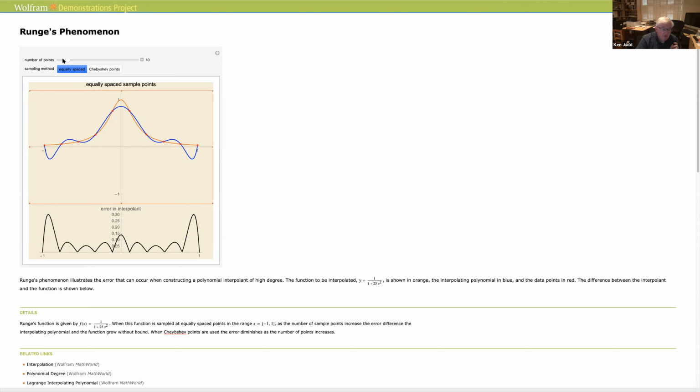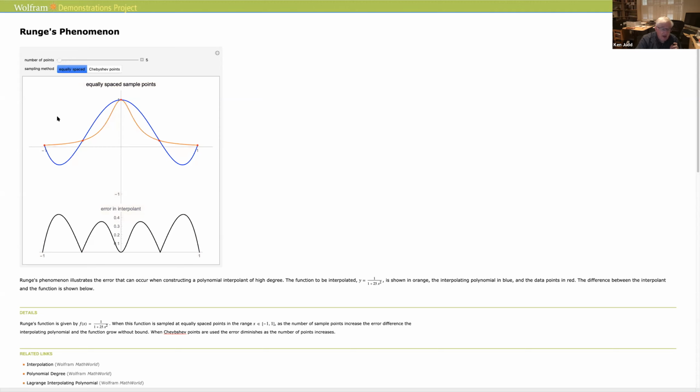Now, suppose, however, we do interpolation at 5 equally spaced points, x equals -1, -1/2, 0, 1/2, and 1.